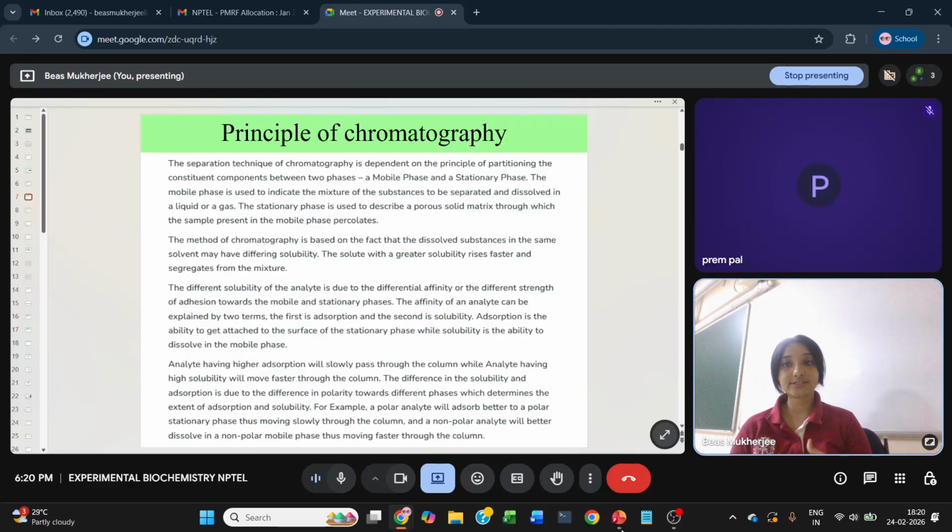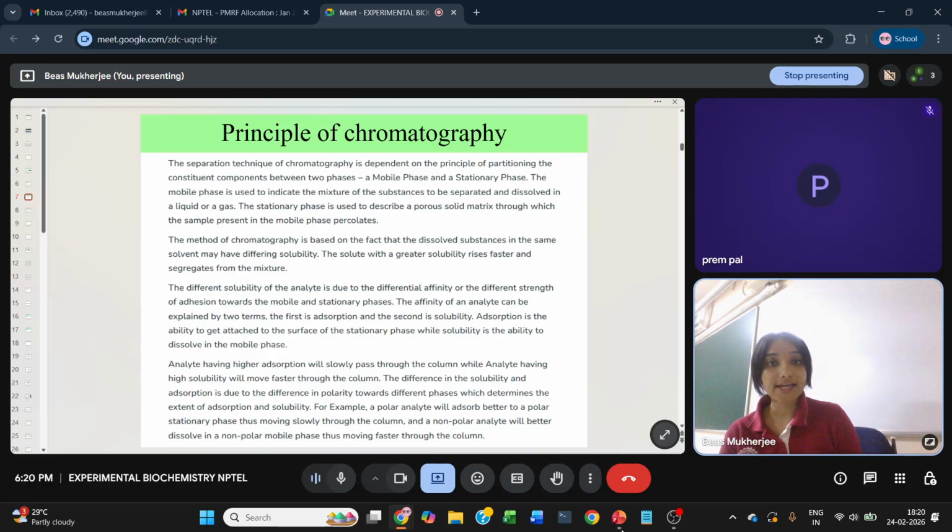The mobile phase is used to indicate the mixture of the substrate that is to be separated, dissolved in a liquid or gas. The stationary phase is used to describe a porous solid matrix through which the sample present in the mobile phase percolates. Right.